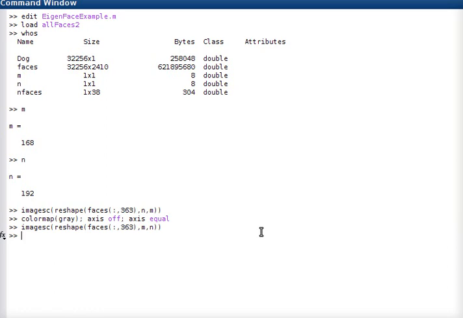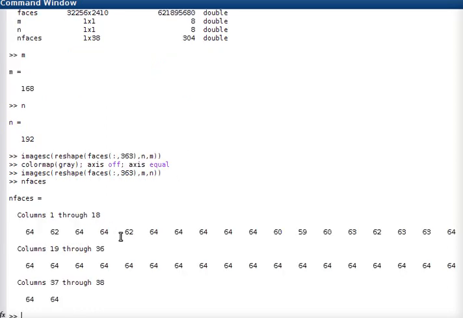So there'll be 2 people left over, and there's a vector in here, n faces. If you look at that, this tells you how many poses each person has. There's 38 people, and most of them have 64, but there's a couple people that don't, like 63, 62, 63. So that's what that's there for.